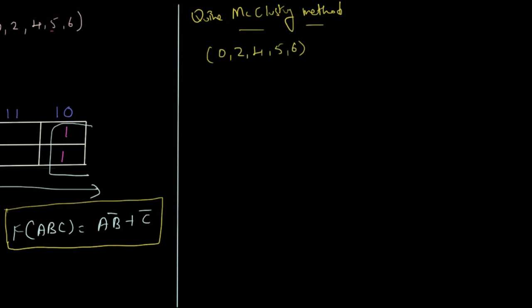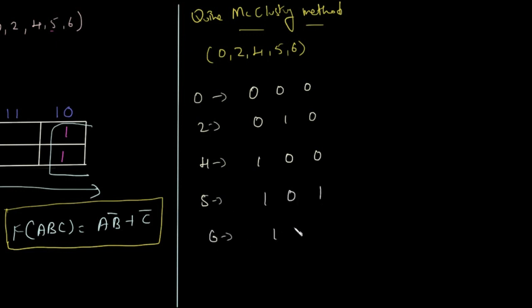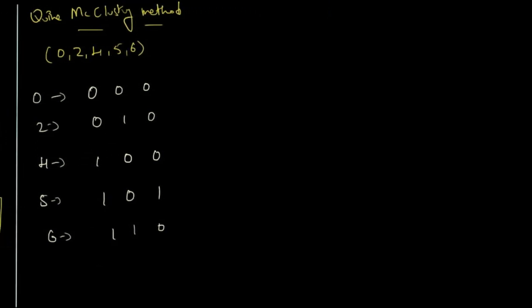Please write down 0 in terms of 3-bit binary as 0 0 0, and 2 as 0 1 0, and 4 as 1 0 0, and 5 as 1 0 1, and 6 as 1 1 0.